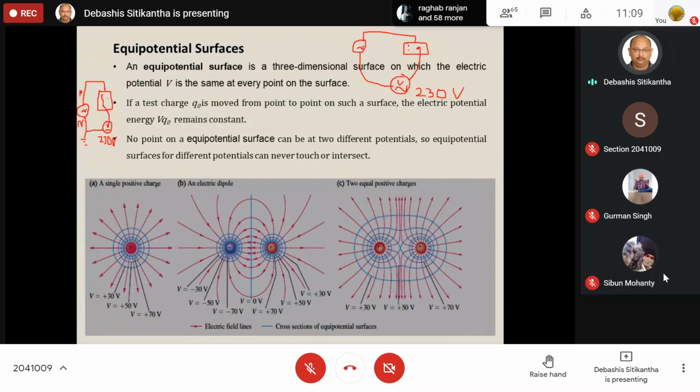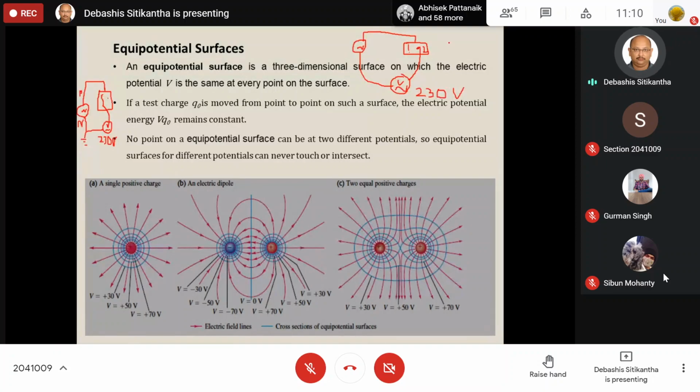That means at point 1, if I am touching the other terminal of the voltmeter, it was showing me 230 volt. Next, I moved the terminal and connected it at point 2 on the same homogeneous sheet of conductor. Even in this case, it is going to show me 230 volt.